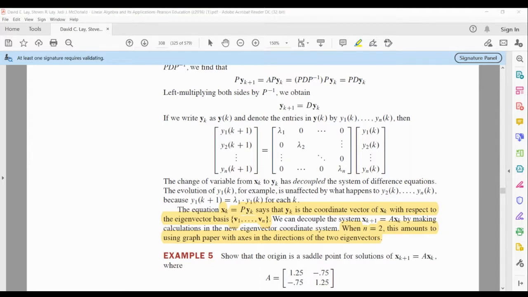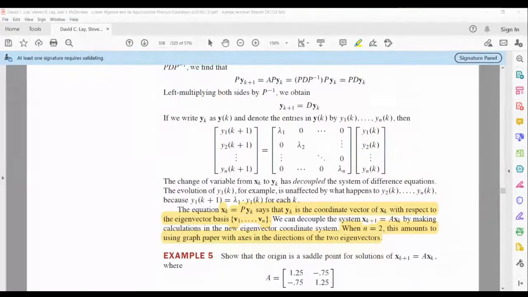That's what that amounts to, because the trajectory can be expressed as a linear combination of the eigenvectors of the matrix P. So if P is a 2 by 2, there are two eigenvectors, so you're essentially using axes that correspond to those eigenvectors. That's how you can draw the trajectory x sub k.